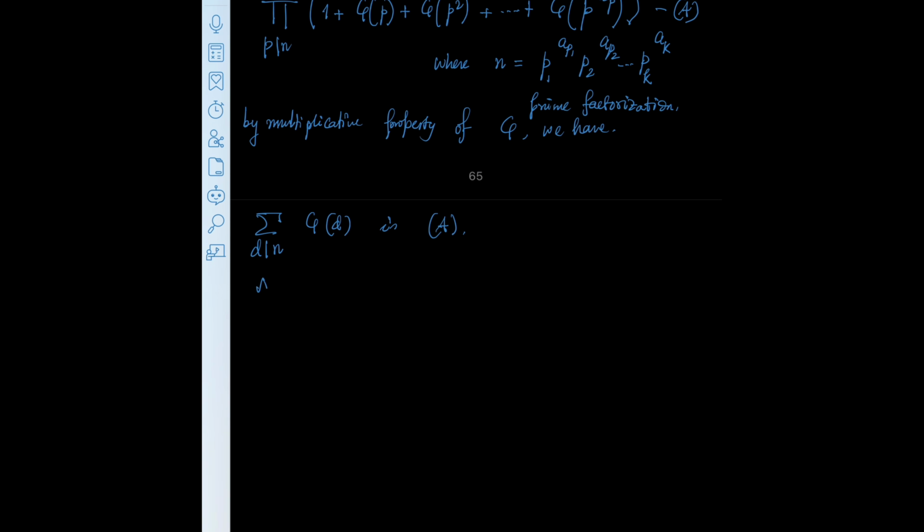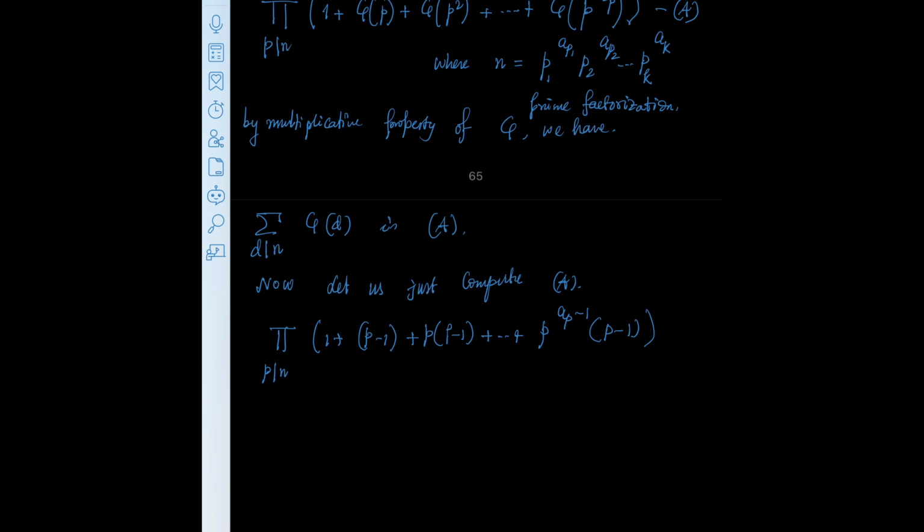So let us just compute the product. The product over p dividing n of 1 plus p minus 1 plus p times p minus 1 plus p squared times p minus 1, up to p to the power ap minus 1 times p minus 1. Which is the product over p dividing n of 1 plus, taking p minus 1 outside, a geometric sum, and just cancel p minus 1.